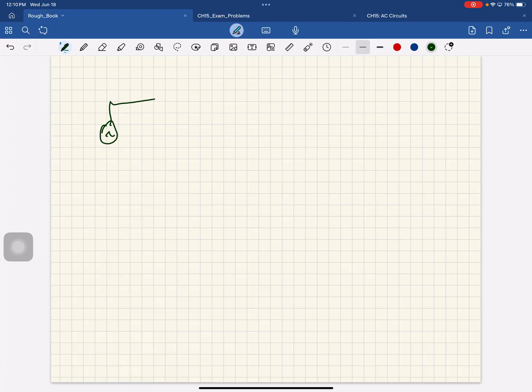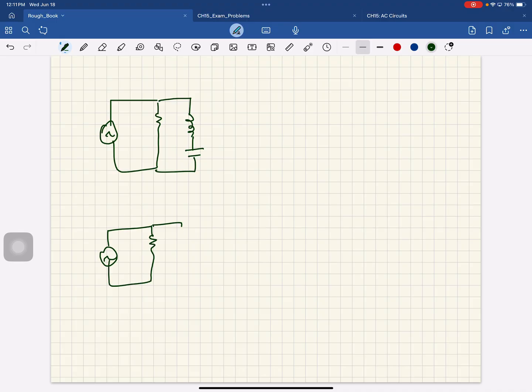So here's a parallel combination. I'm just showing you examples.